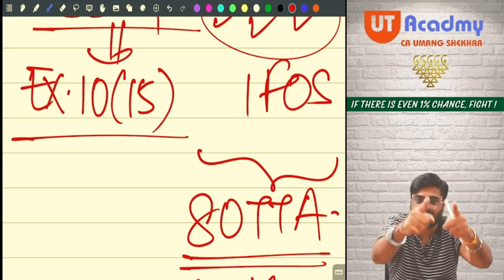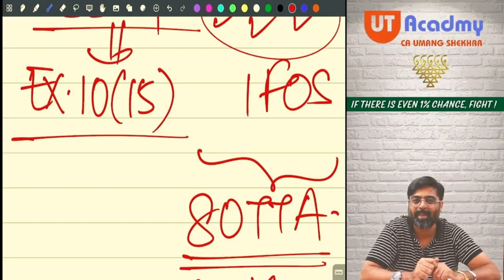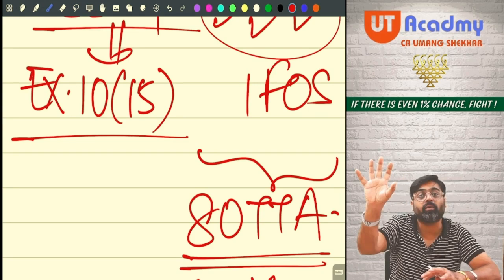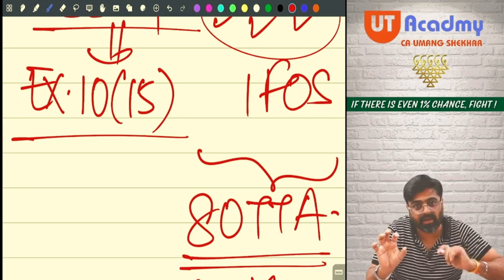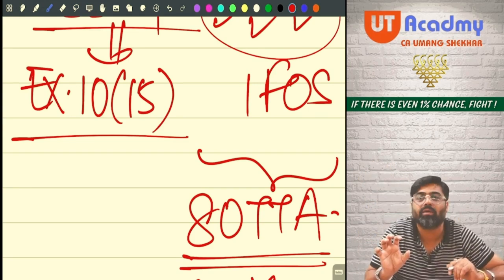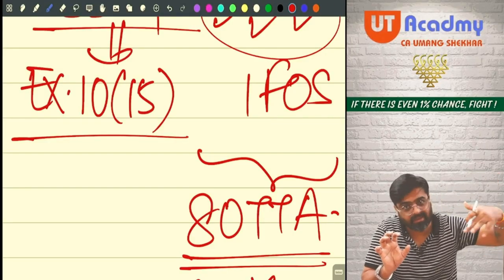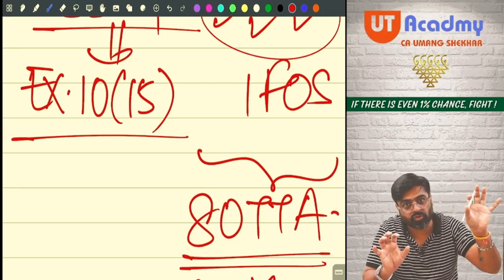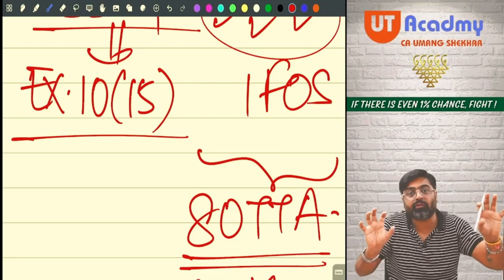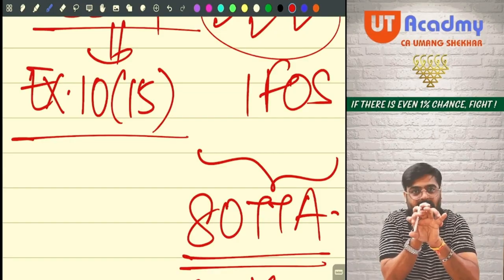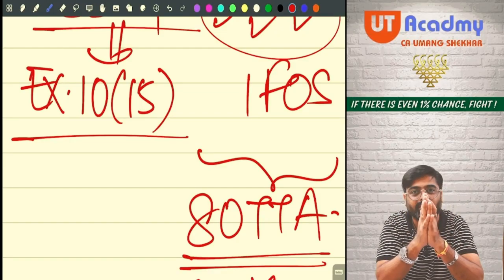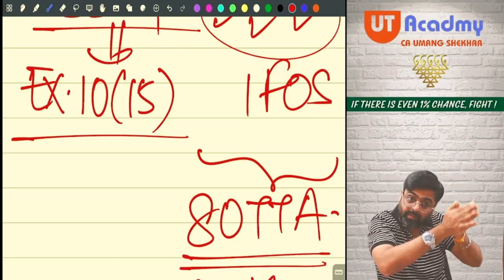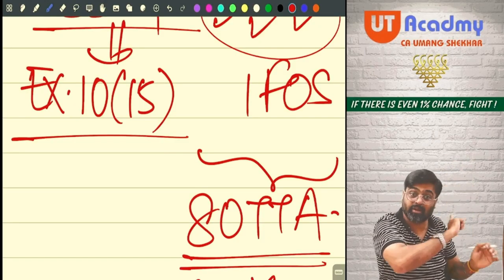What if both interests are given in the question? The savings account in the bank, that interest will be fully taxable under IFOS. Post office interest, take the 3,500 exemption. Whatever excess remains, you show under IFOS. So your IFOS will now have both these interests. Add both of them. That entire interest which you are showing in IFOS will be allowed as a deduction under 80TTA subject to a maximum of 10,000.